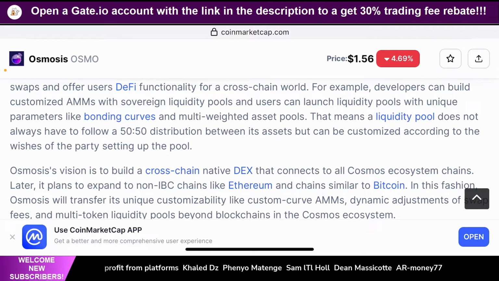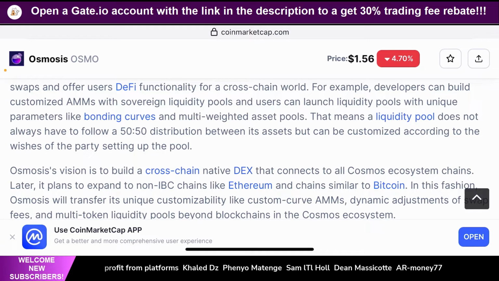So Atom is an IBC chain, and there are lots of non-IBC chains such as Ethereum as well as obviously Binance Smart Chain or BNB chain, and they want to eventually bridge all the way to Bitcoin, which is a very hard chain to interoperate, because Bitcoin is a legacy blockchain, doesn't really have a lot of functionalities, but the goal of Osmosis is to bridge all the way to Bitcoin, and that's the long-term vision of their platform, right?